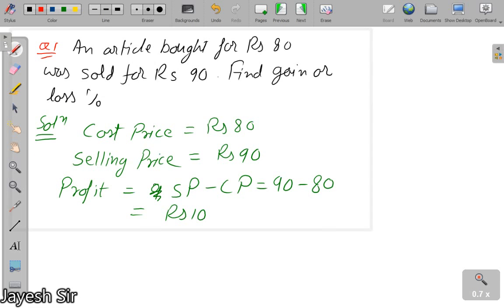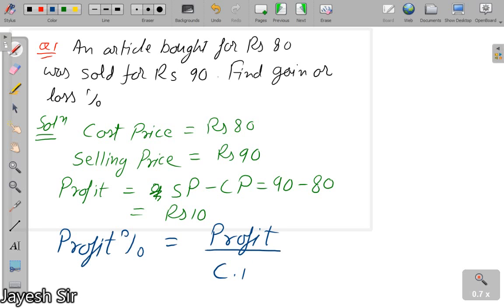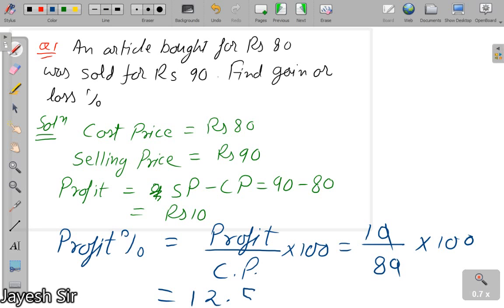Now let us talk about profit percentage. Profit percentage will be profit upon cost price into 100. So here profit is rupees 10, cost price is rupees 80, into 100. 0 is cancelled out by 0. 8 ones are 8, 8 twos are 16, and we get 12.5.